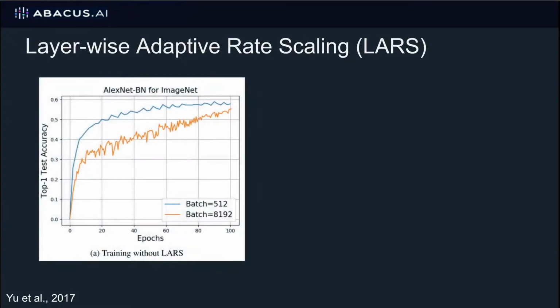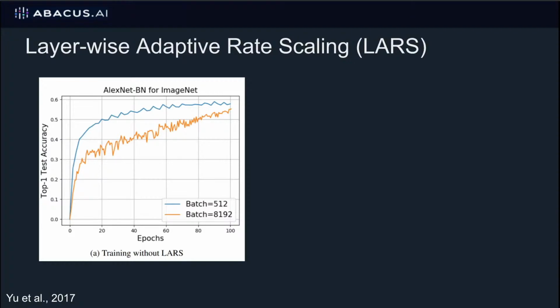You et al. showed that the current recipe for large batch training is not general enough. To overcome these optimization difficulties, they proposed a new learning algorithm based on layer-wise adaptive learning rate scaling, LARS.